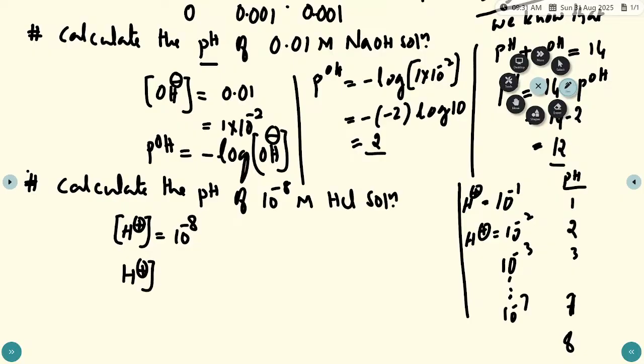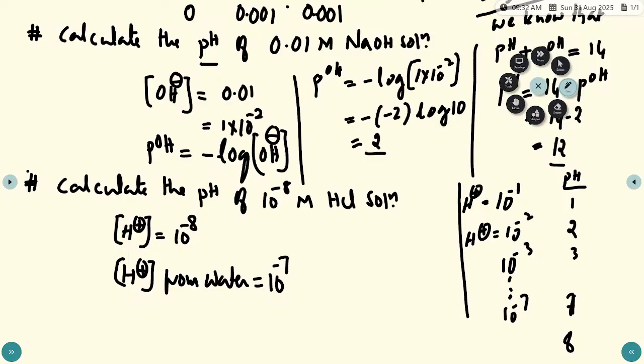The concentration of H plus ions from water is 10 to the power of minus 7. So what is the concentration of H plus ions in water? 10 to the power of minus 7.